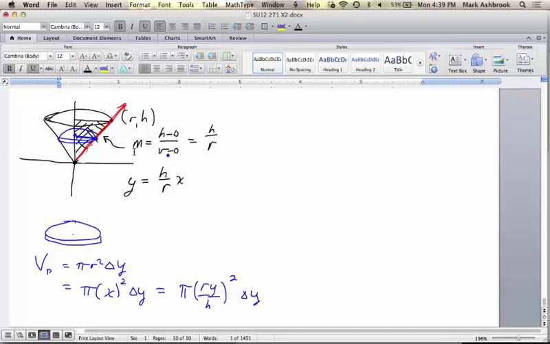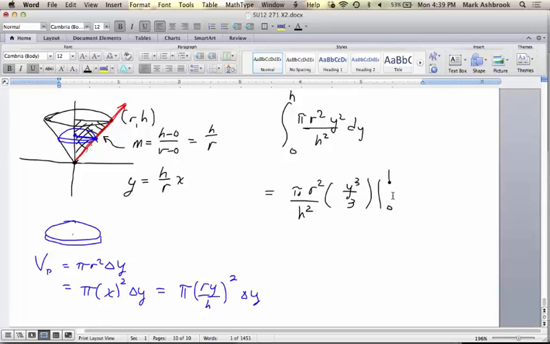And so we're going to add all those up from what to what? Yep, from 0, the smallest one down here at the origin, to h, the biggest one up here at the top. And all this stuff is just constant, so really we just have the integral of y squared, which is y cubed over 3 from 0 to h.